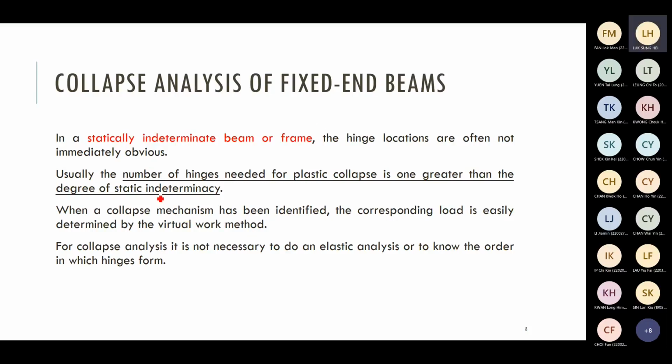We just mentioned this term before, static indeterminacy. Static indeterminacy means the number of reactions minus the number of equations. Just like a fixed end beam.